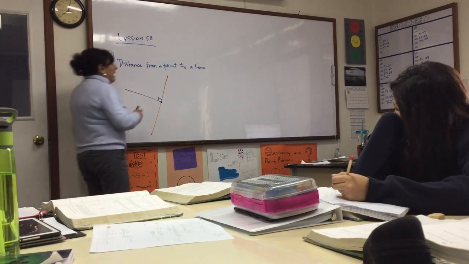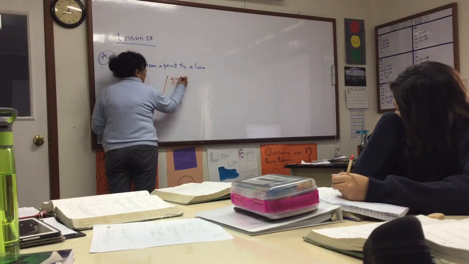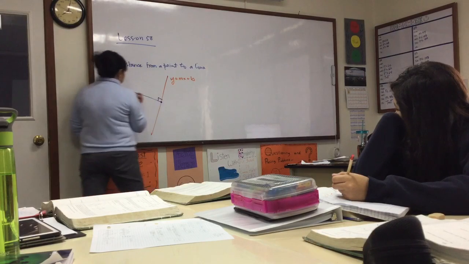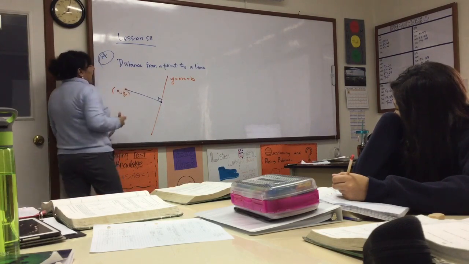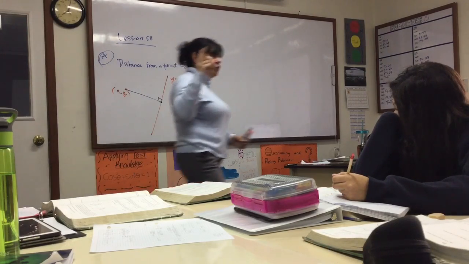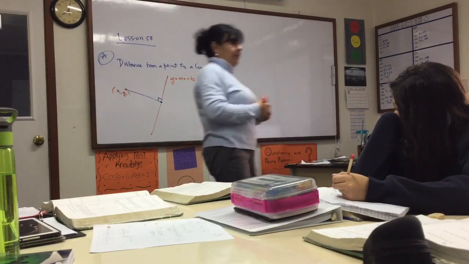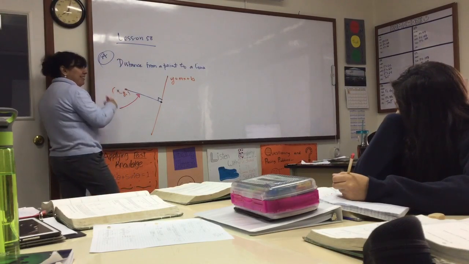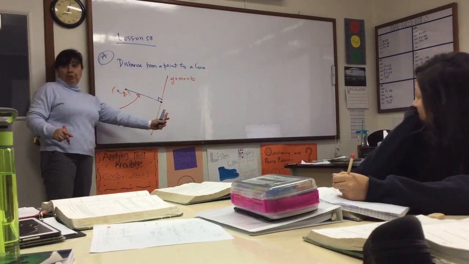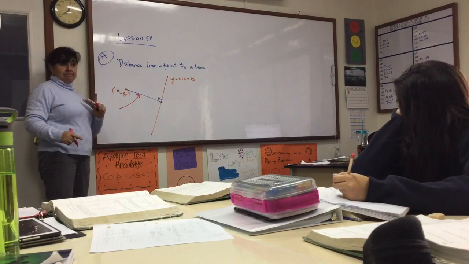So, if I have a line that is y equals mx plus b, and I have a point that is x1, y1, I'm going to have to find 2 things. First thing, I'm going to have to find the equation of a line that goes through this point.